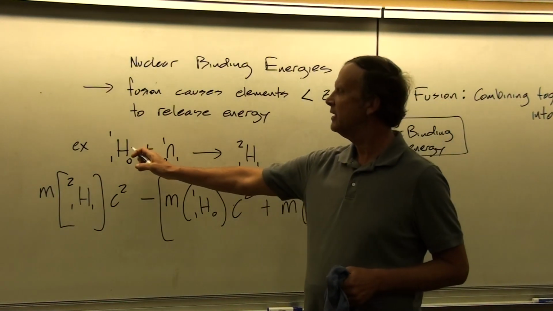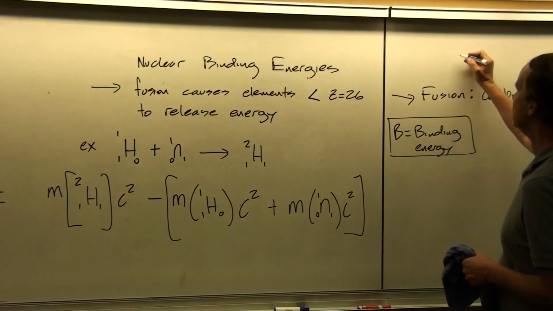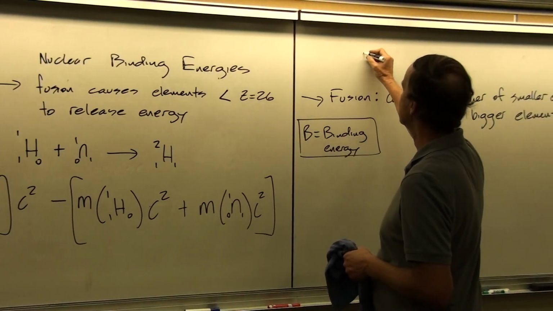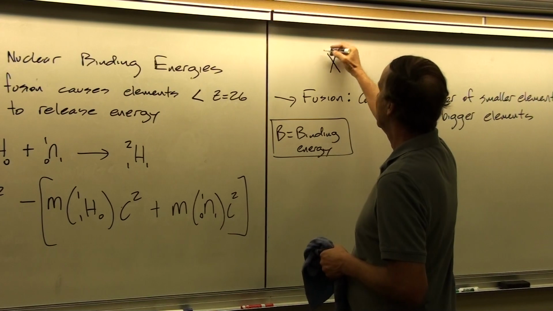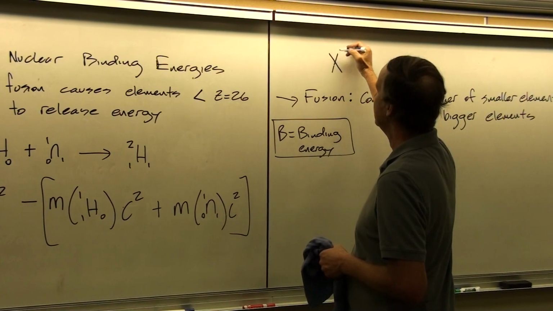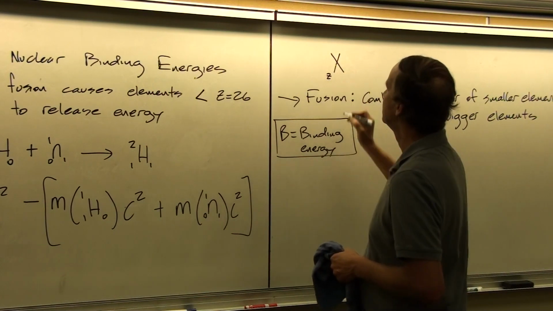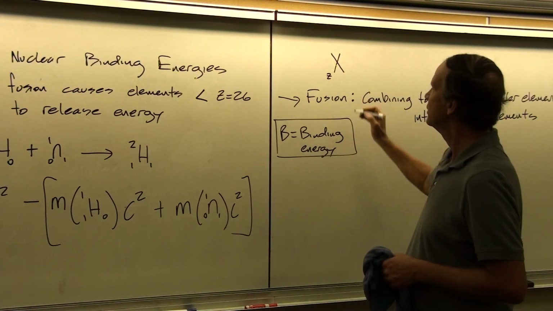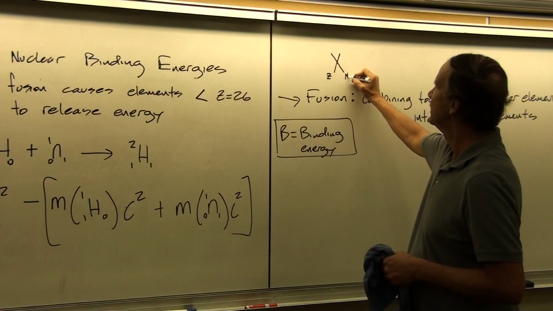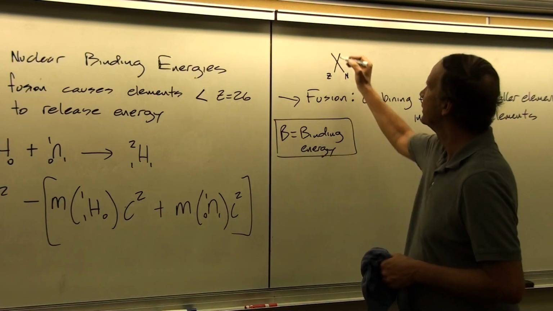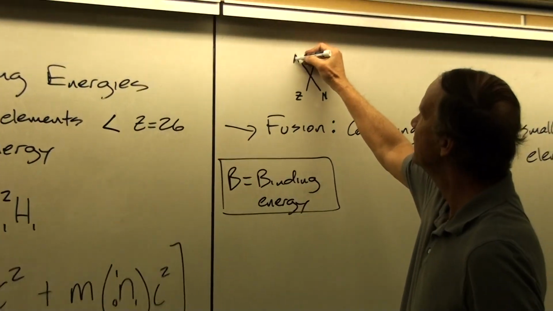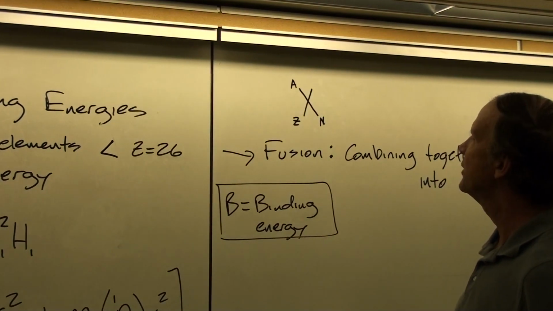Here, we're using the notation where X is our element. The proton number is in the lower left-hand corner. The neutron number is in the lower right-hand corner. And the atomic mass number is in the upper left-hand corner.